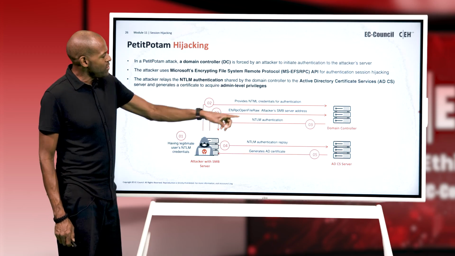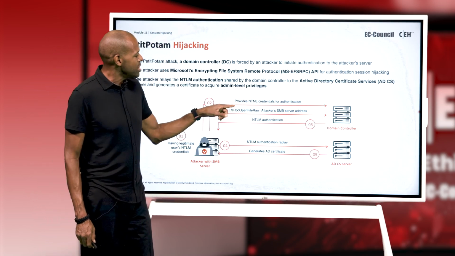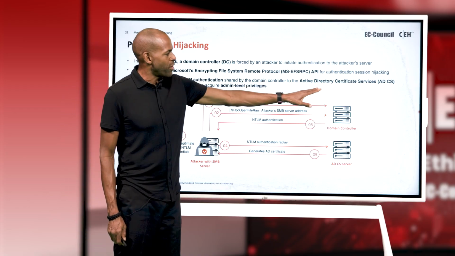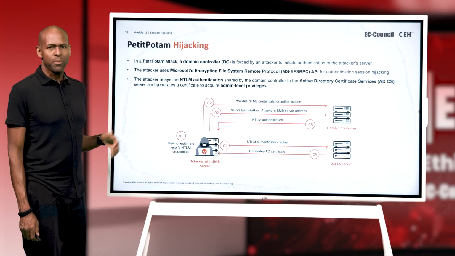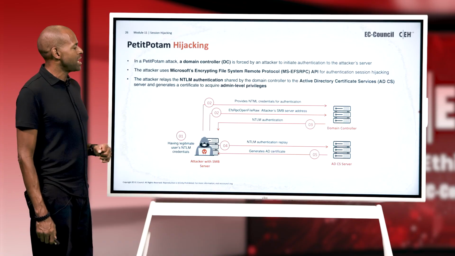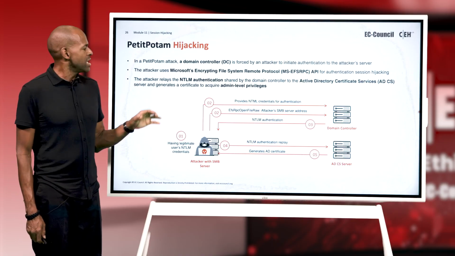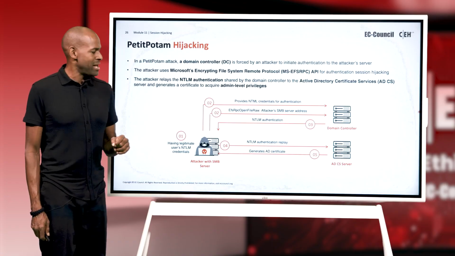In fact, if you look down here, in some versions of this you'll see it even says NTLM v1. Another thing we're going to make use of for this attack is a certificate server. That's part of a PKI you'd normally have in a certificate hierarchy on a domain, and it's going to generate a certificate. What we're trying to do with PetitPotam is get admin access.